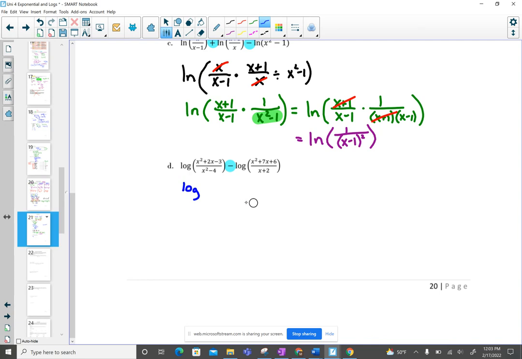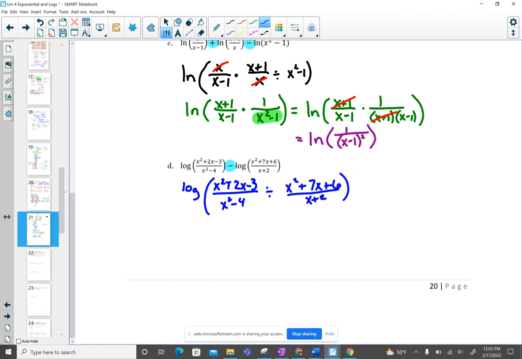Okay, so I can condense it into 1 log, and subtraction means that we are dividing. It's 4, and we're dividing it by x squared plus 7x plus 6 all over x plus 2.